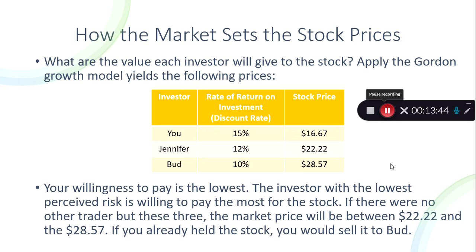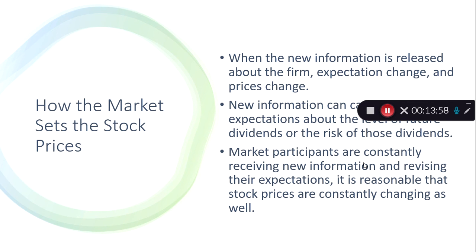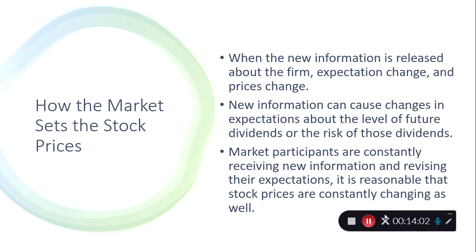So from this situation, the price that you are willing to pay depends on KE, right? The rate of return on investment that you want, or the discount rate. So whenever you have new information, your expectation changes and KE changes, then the price that you're willing to pay for that particular stock will change.